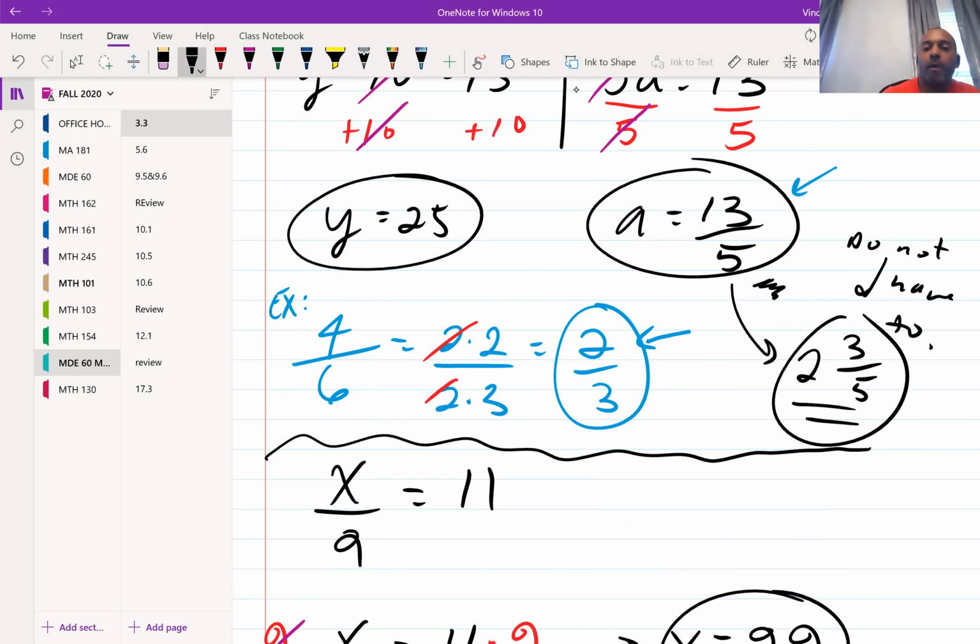I just want to make sure people don't look at this and say, I've got to go further. If it cannot reduce, in other words, if there's no 2 in common or 3 in common with both top and bottom, then you can leave it as 13 over 5. Hopefully that's clear. Any other questions before we move on?